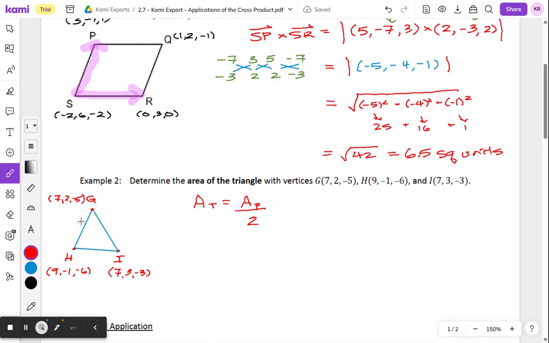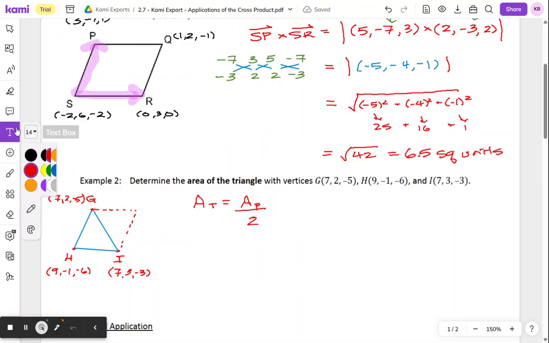All right, so if I take this side HG and I move it over and draw a parallel side there, and then I take the side HI and I draw a parallel side up here, you can see we've created a parallelogram. And you can see that the triangle defined by GHI is half of that parallelogram.